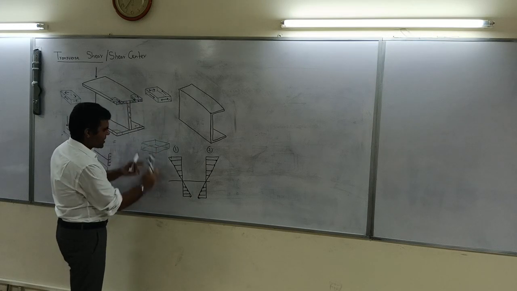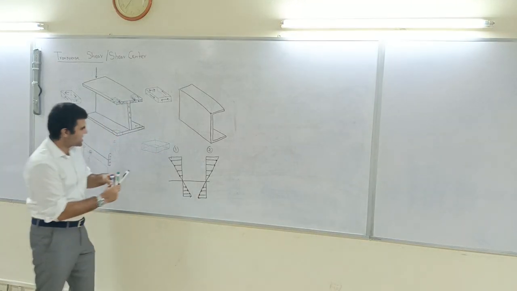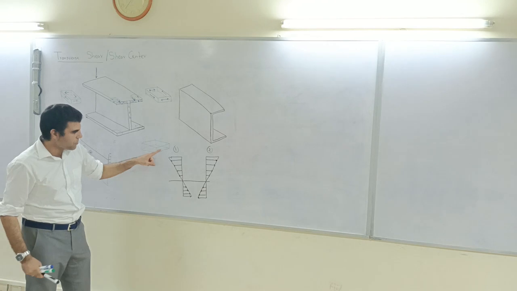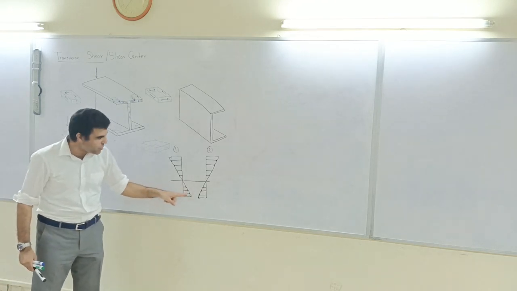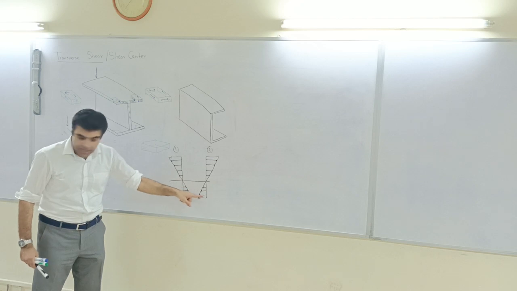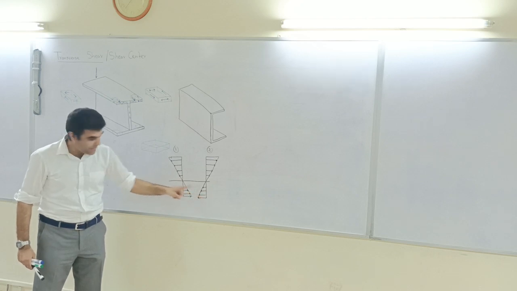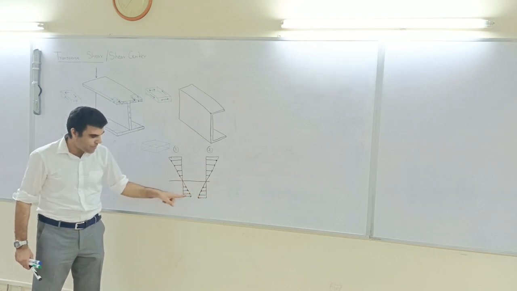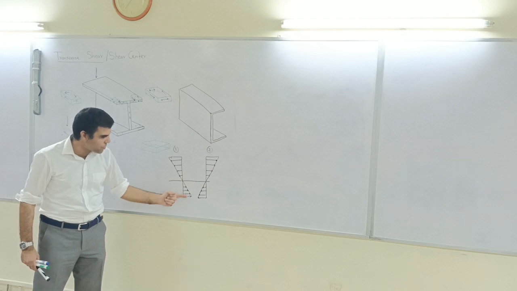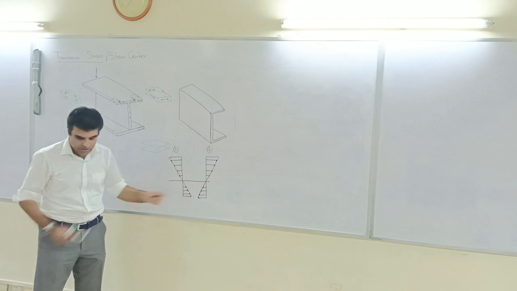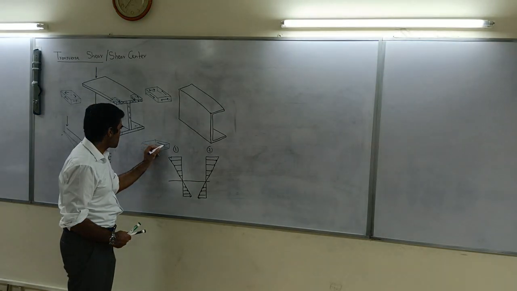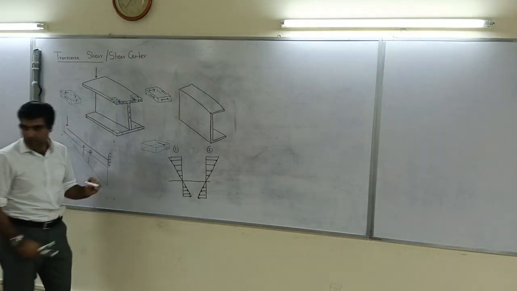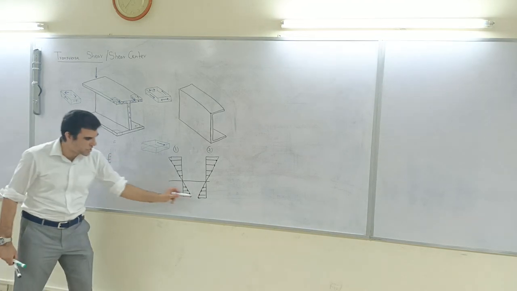Now come over here. Over here, what do we have? This is at the bottom. In the bottom one, we have both in compression. The compression one, this too, is bigger than the other one. So we have to apply force in this direction, like this, to compensate for this one.